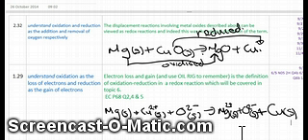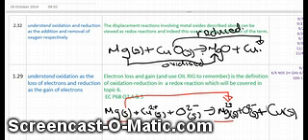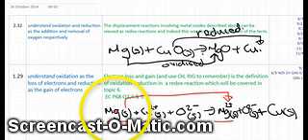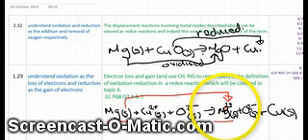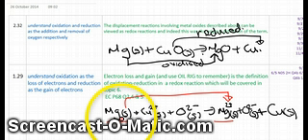So what's happening is magnesium goes from being magnesium solid with an oxidation state of 0 in its elemental form to an Mg2+ ion, which is an oxidation state of +2. How has this occurred? The magnesium has lost electrons.